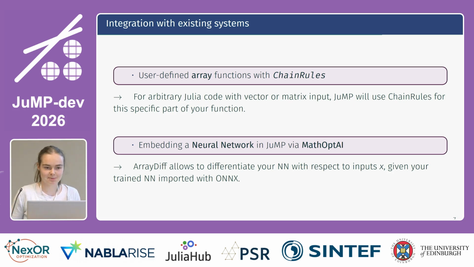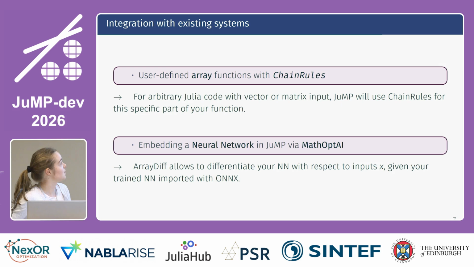Then I wanted to present how ArrayDiff could integrate with existing systems. First, with ArrayDiff, we wanted to allow user-defined array functions. For example, if somewhere in the function you want to differentiate, you have some arbitrary Julia code that we do not support with ArrayDiff, then for this specific part of your function it will just use the chain rule and then go on with this.